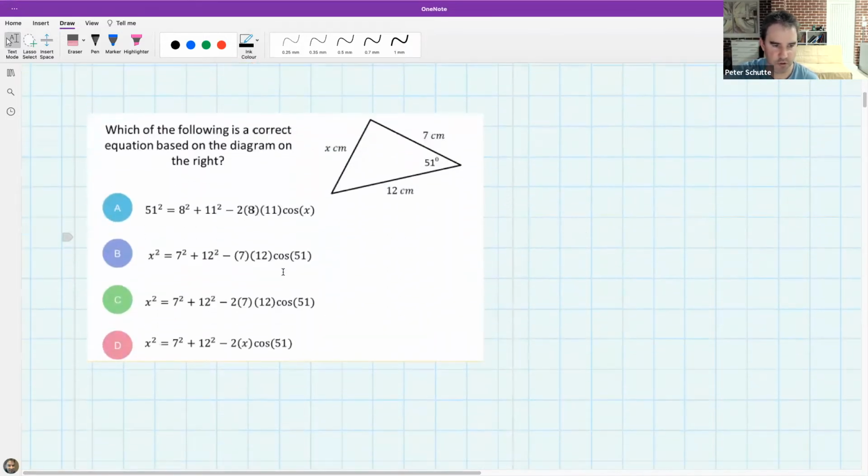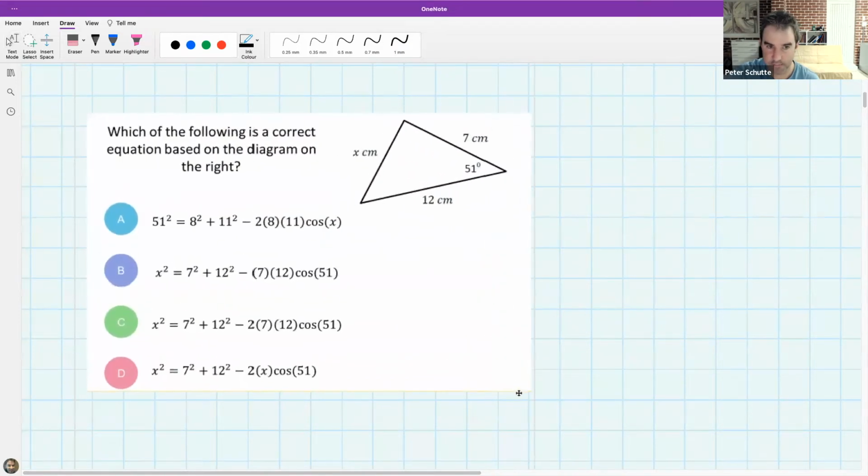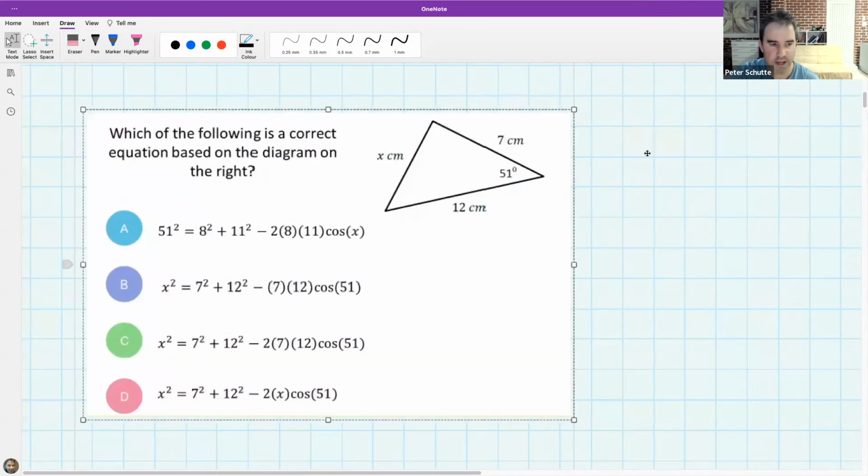Okay, let's do a multiple choice question. So you are given the following triangle, and you have to find the option that matches the information using the cos rule.